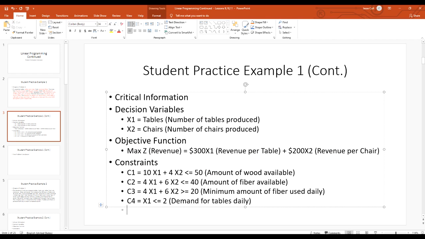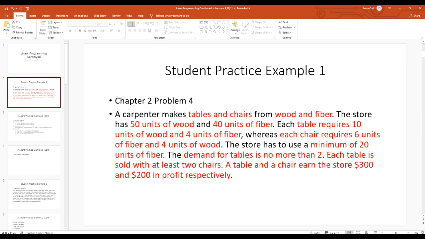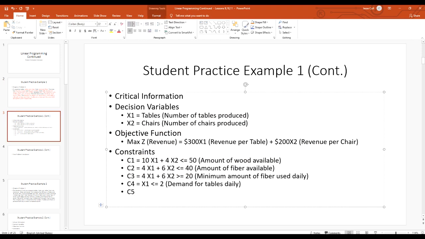And our final constraint, C5, we have a fifth constraint. So we can see it's getting a little more complicated. Each table is sold with at least 2 chairs. So we saw something similar in our last class, but we see C5 is equal to, we can eliminate these equal signs actually. It's not really necessary. We're just labeling them for comprehension.